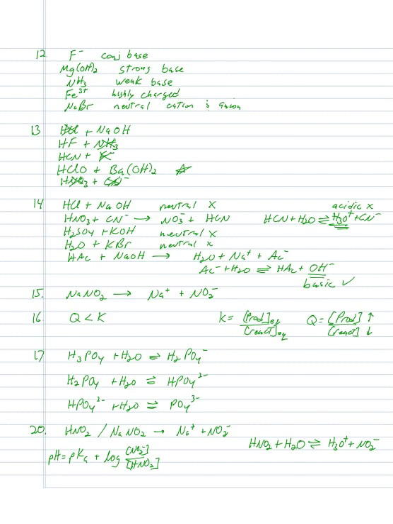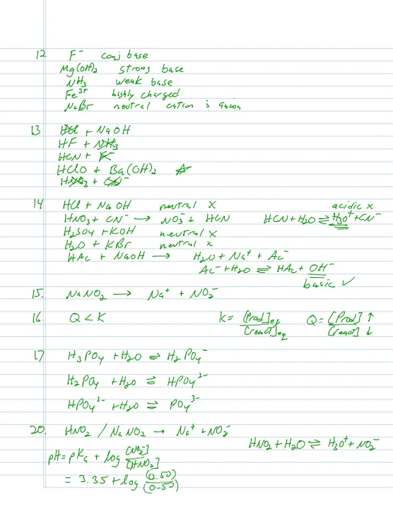Now when we work that out, we find the pKa, so we take the negative log of the Ka and we get 3.35, plus log of the NO2 minus concentration, which is 0.5, over the HNO2 concentration, which is also 0.5.